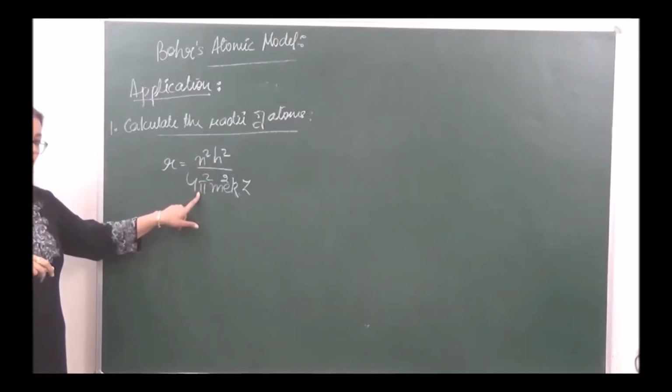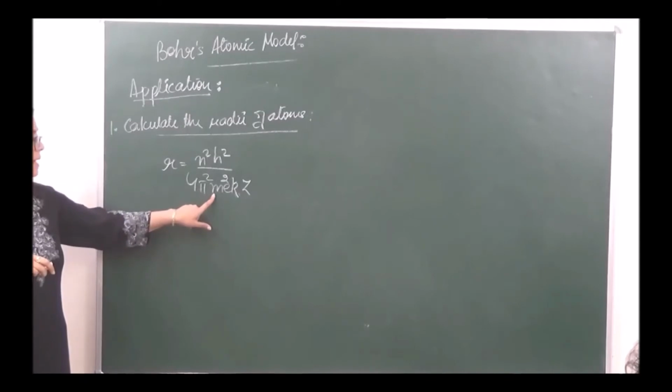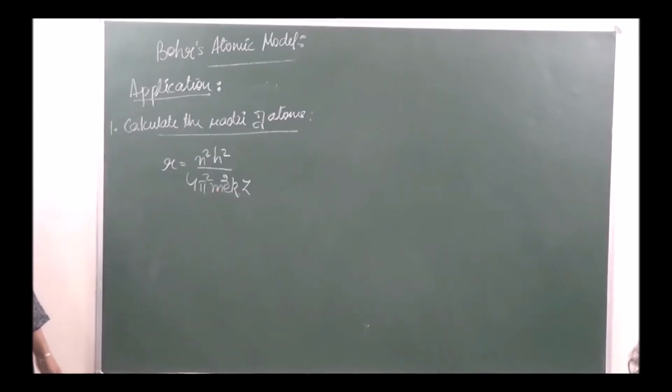Value of pi we know is 3.14. m is the mass of the electron. e is the charge on the electron. Z is the atomic number. And k over here is going to be what?